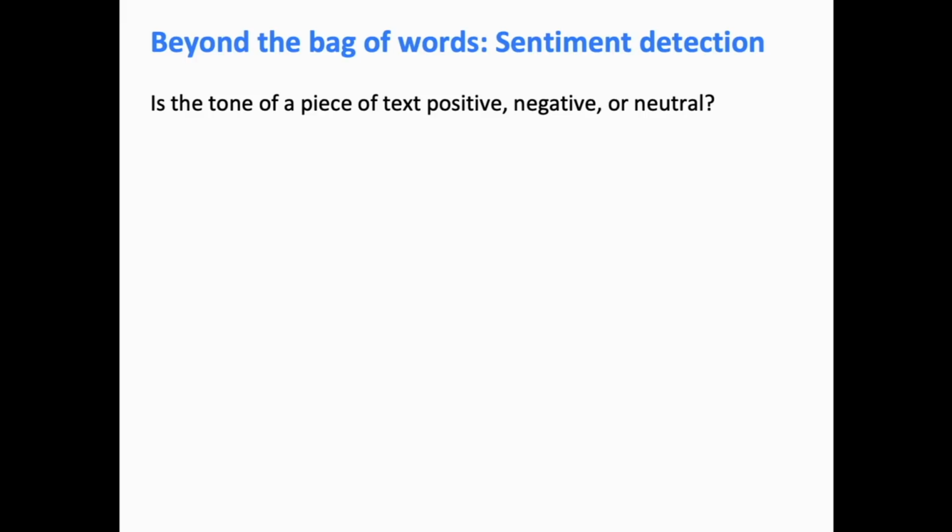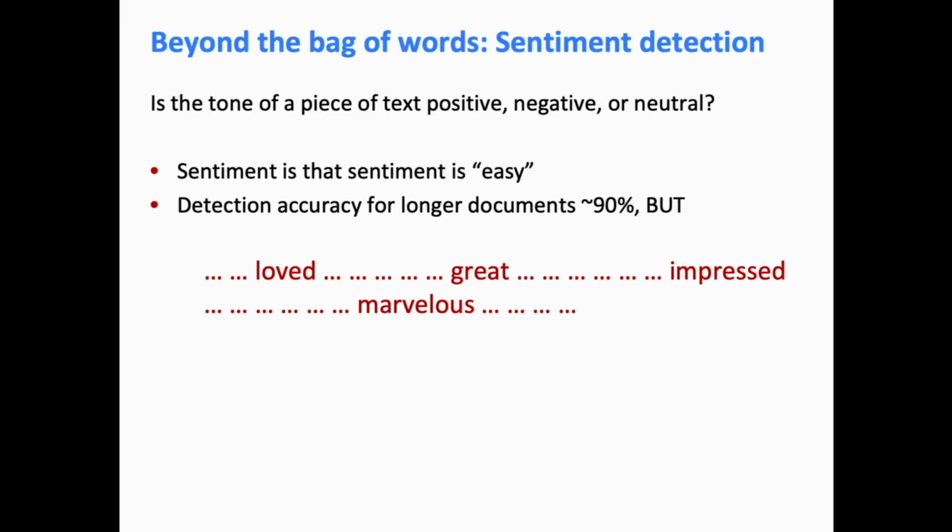Sentiment analysis has actually been a really common and important application in natural language processing. You're looking at a piece of text and you're saying, is it positive or negative? And that's very useful for lots of commercial applications of looking at product reviews or doing brand awareness and things like that, of looking at sentiment connected to things.